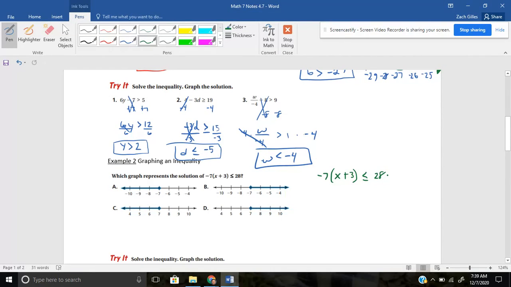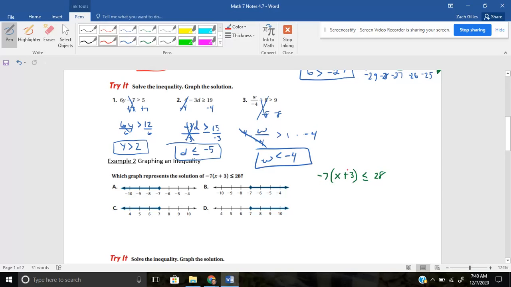The first way I'm going to show you is to divide both of these sides by negative 7. Or the other thing that you could do is distribute this negative 7 inside the parentheses and then solve. So either way will work, and I'll show you that right now.